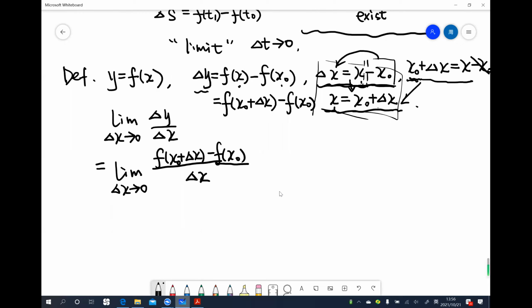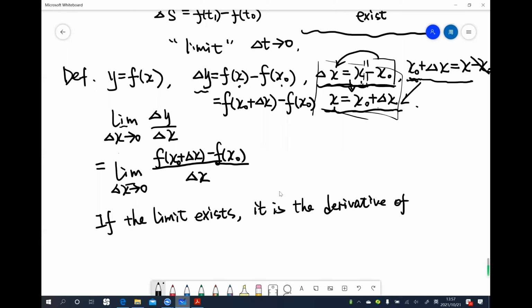In math, if the limit here exists, we call that limit the derivative of the function at the point x0, and we give it a sign.